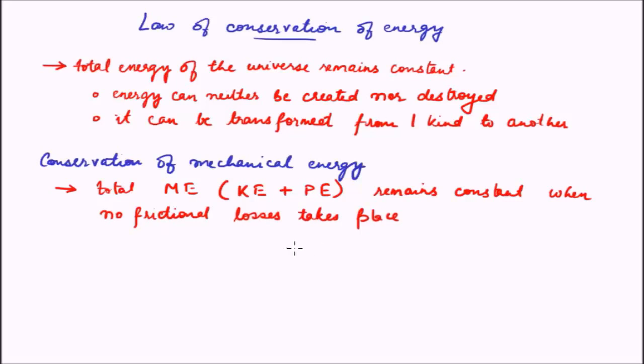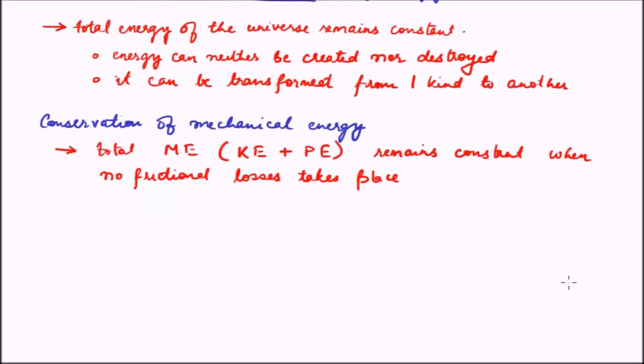So we know that a statement of conservation of mechanical energy is that the sum total of kinetic and potential energy remains constant. Now let us prove it mathematically. In order to prove this, we will take the example of a ball dropped from a height h.